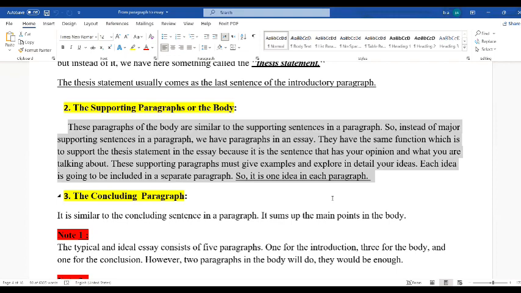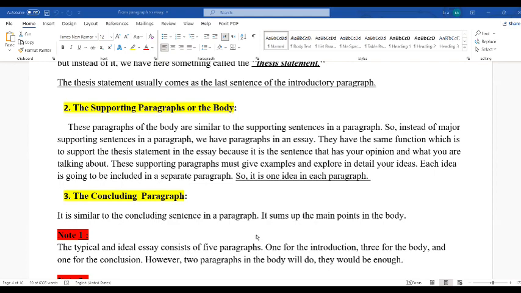These paragraphs of the body are similar to the supporting sentences in the paragraph. So, instead of major supporting sentences in the paragraph, we have paragraphs in the essay. In an essay, they have the same function, which is to support this statement in the essay, because it is the sentence that has your opinion and what you are talking about.